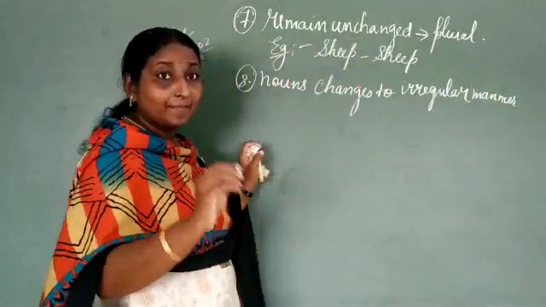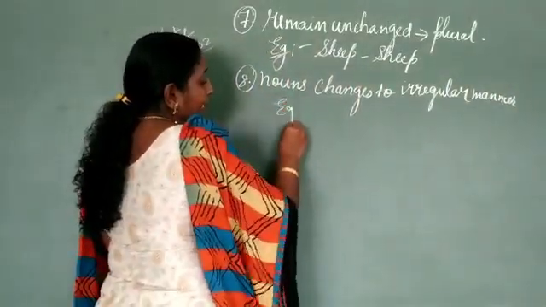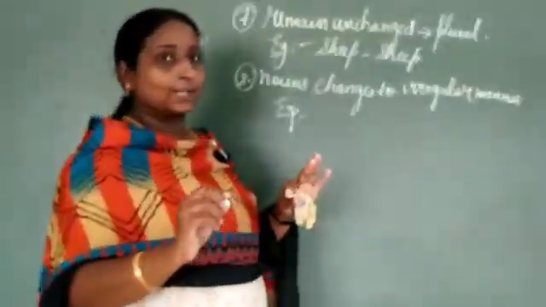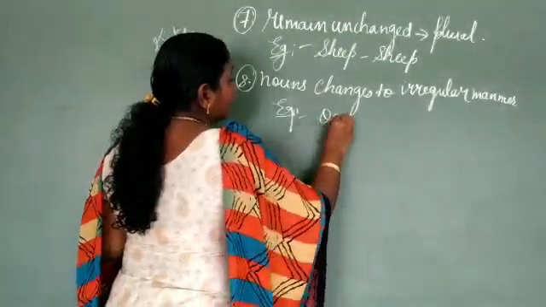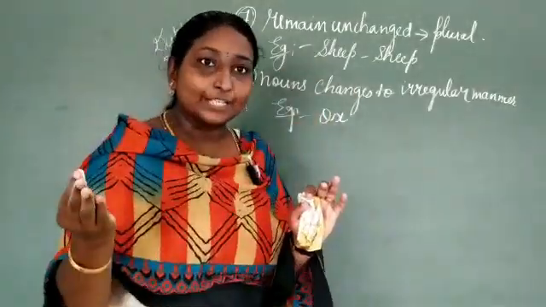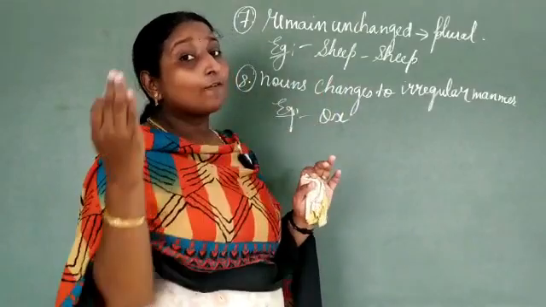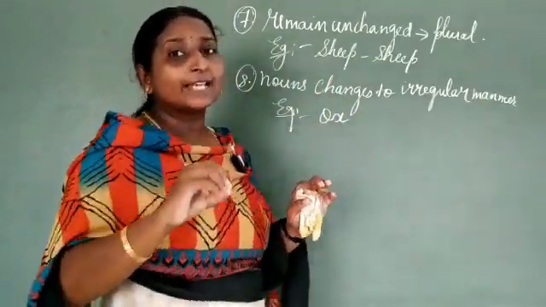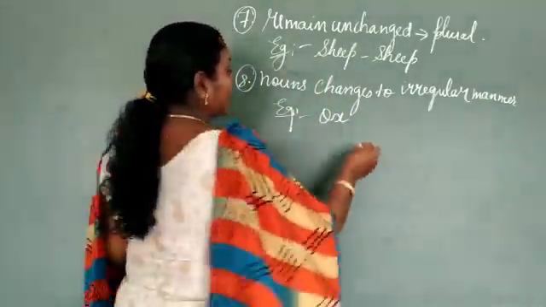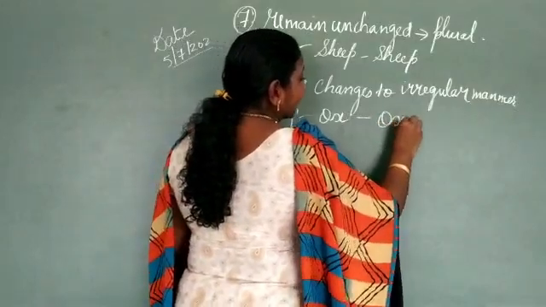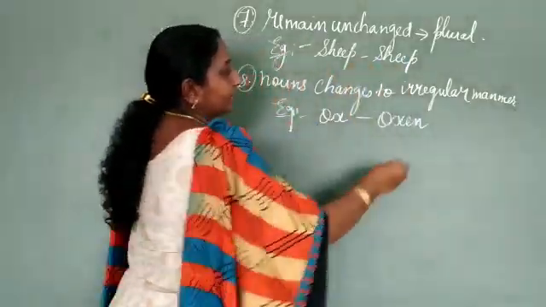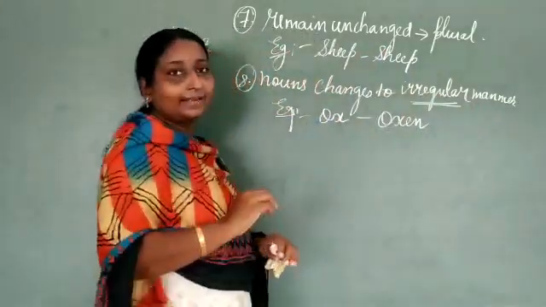Let me give you the example of ox. Ox is singular, and if I have to make it plural, I can't say oxes. I have to add O-X-E-N. This is known as an irregular manner.